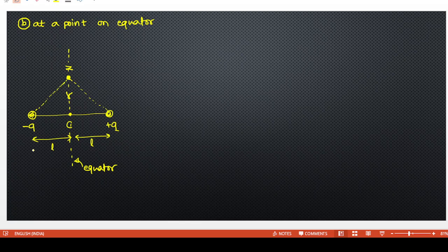Both positive and negative charges will produce their electric fields at point Z. Write down: the positive charge will produce the electric field away from it, and the negative charge will produce the electric field towards it.